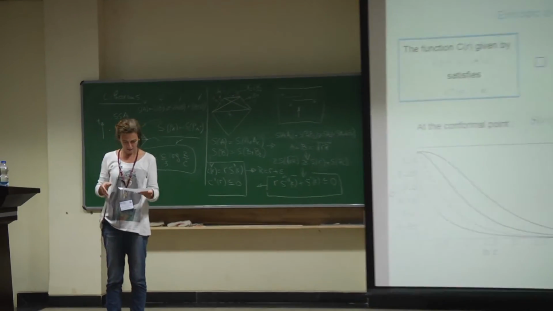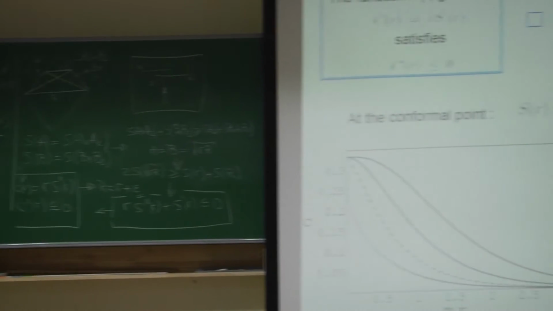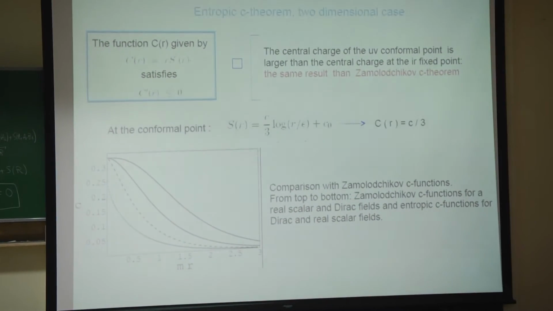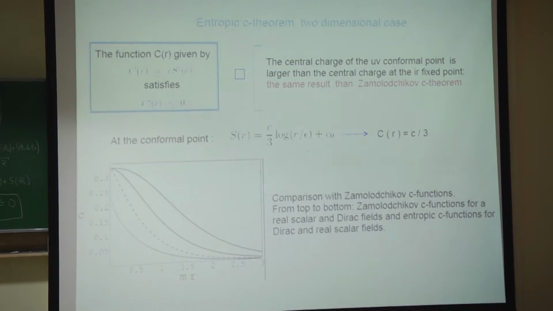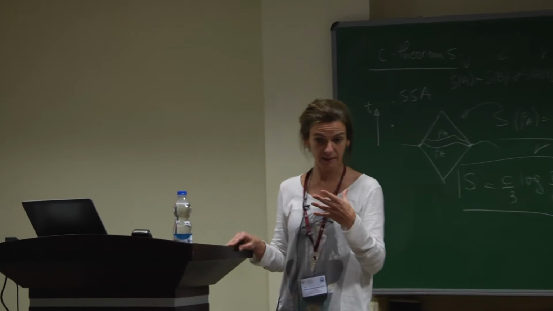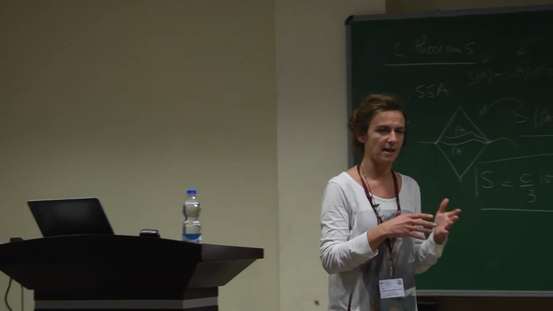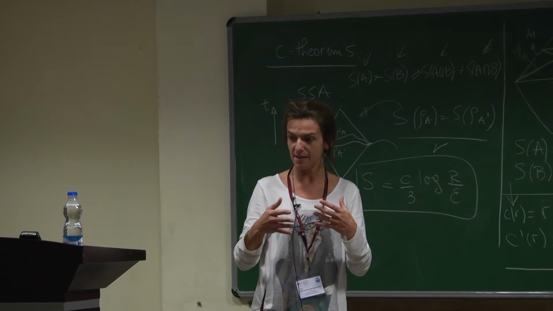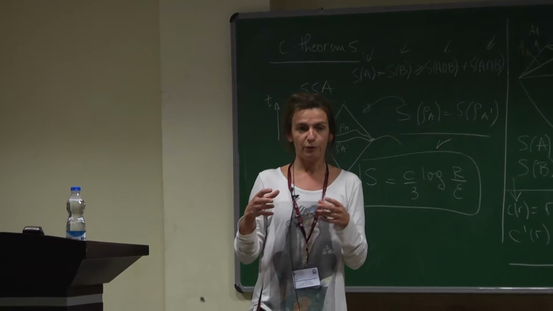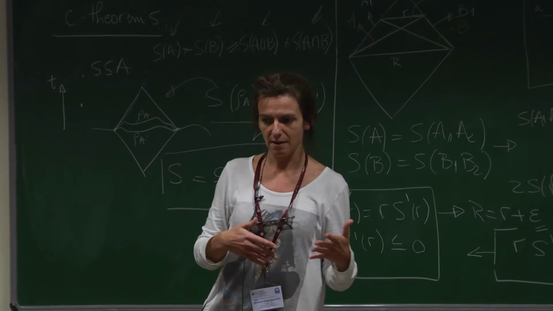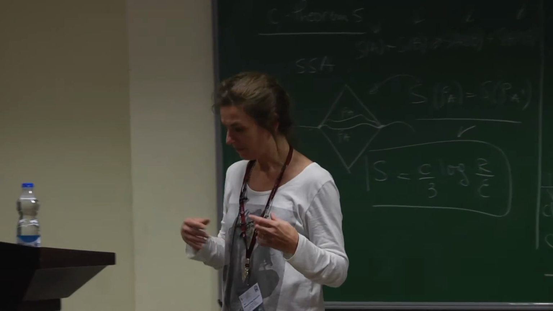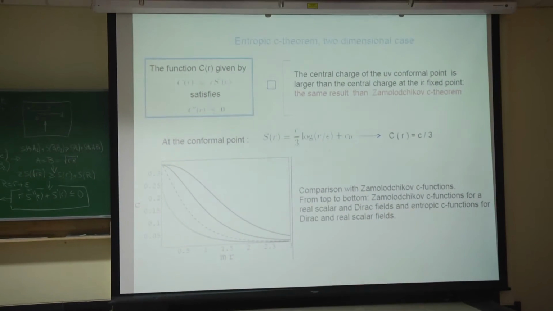And the argument goes like this. You know that any correlation function can admit a spectral decomposition, okay? You have a spectral density, okay? You can write it as an integral over masses of the free correlator with a weight given by this spectral density.